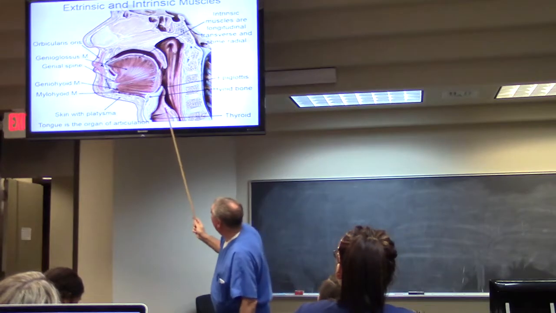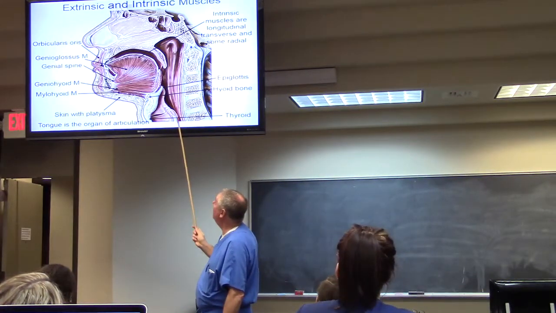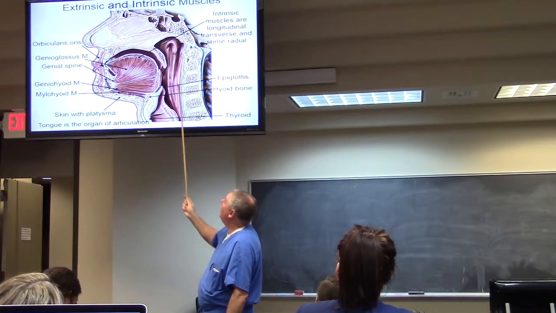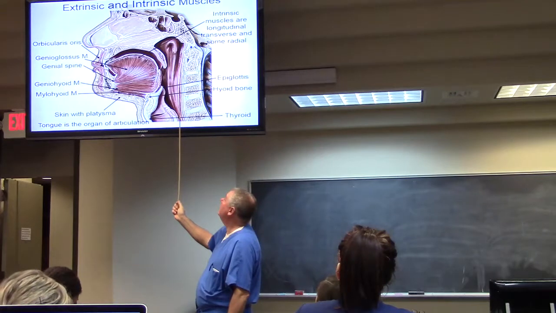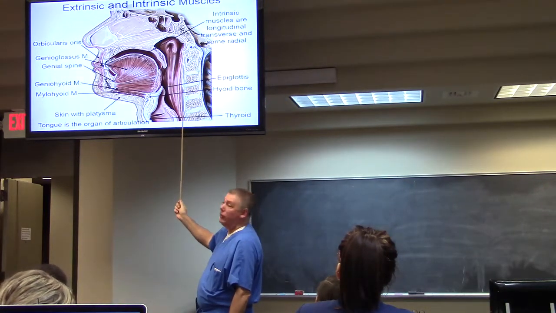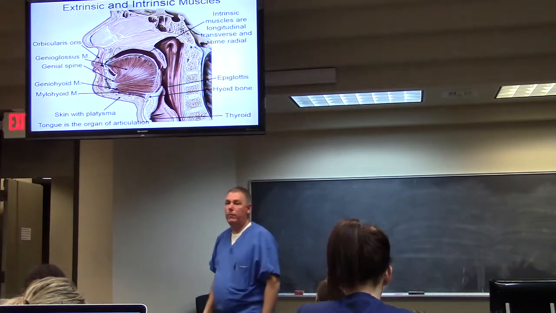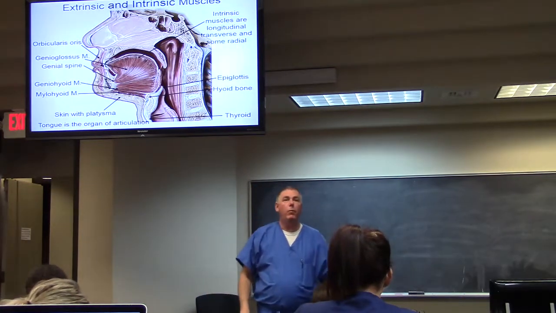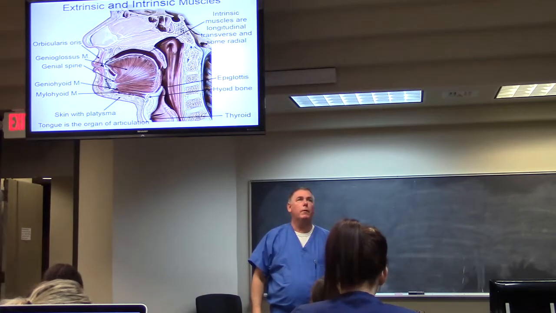That's the esophagus. There's the posterior wall of the pharynx. Prevertebral fascia. Okay, we're going to see that in this thing. But for right now, let's go a few more slides.